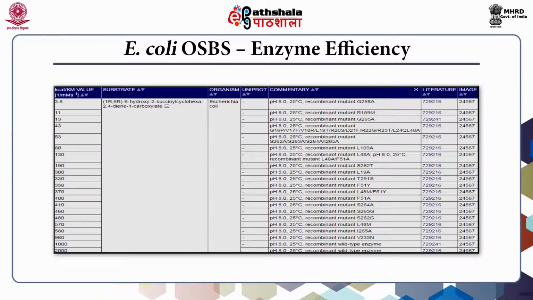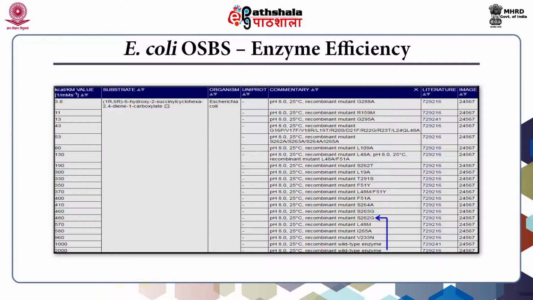The substitution of serine at 262 with glycine reduces the catalytic efficiency by 1/4, whereas the substitution with threonine at the same position results in reduction of the catalytic efficiency, that is kcat to Km, to 1/10.